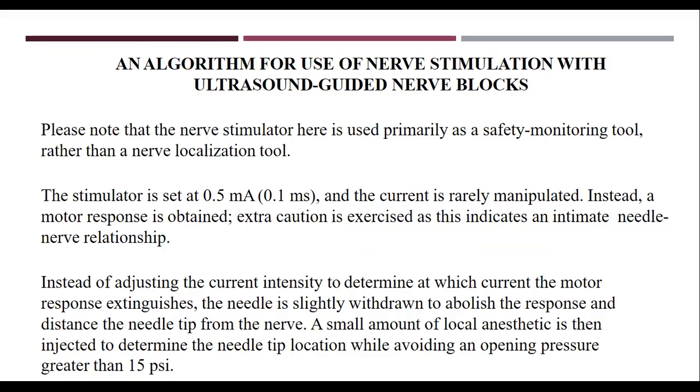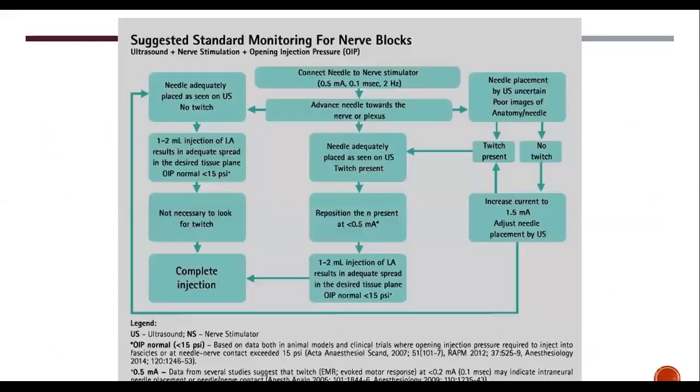Instead of adjusting the current intensity to determine at which current the motor response extinguishes, the needle is slightly withdrawn to abolish the response. And at this distance of the needle tip from the nerve, a small amount of local anesthetic is then injected to determine the needle tip location while avoiding an opening pressure greater than 15 psi.